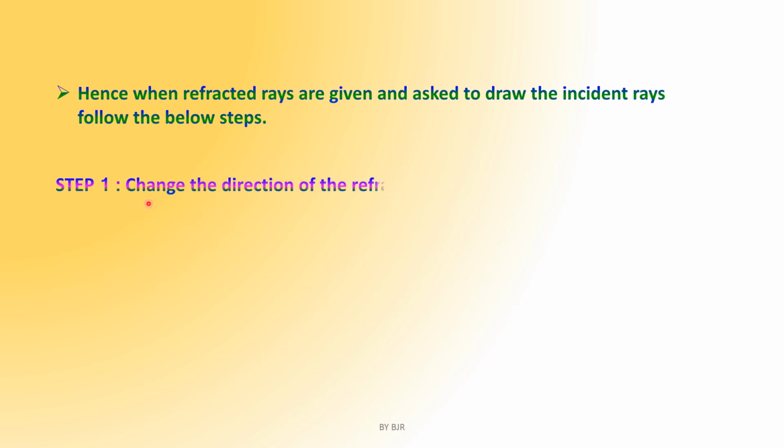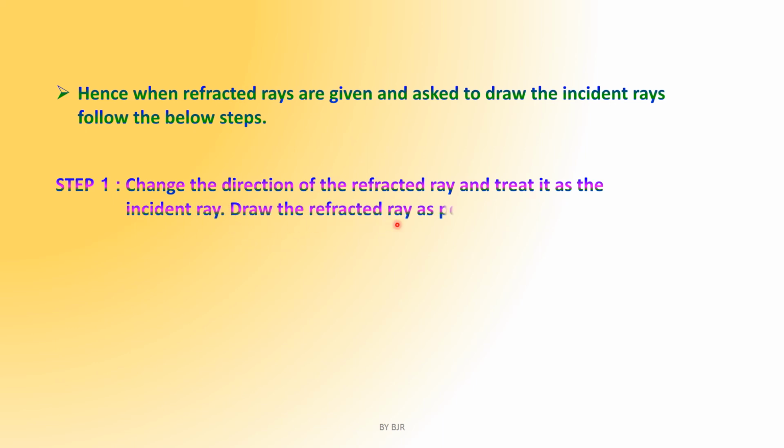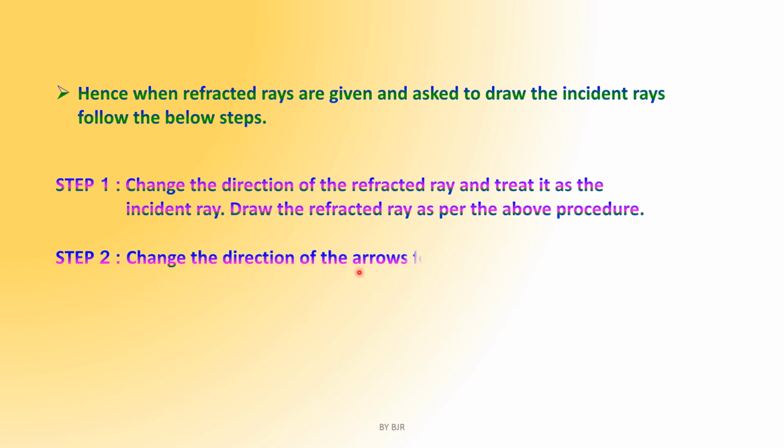Change the direction of the refracted ray and treat it as the incident ray. Draw the refracted ray as per the above procedure. Step 2. Change the direction of the arrows for the above drawn rays. That's all. Thank you.